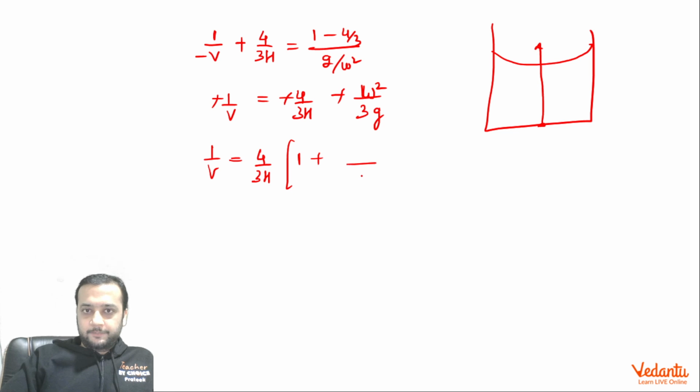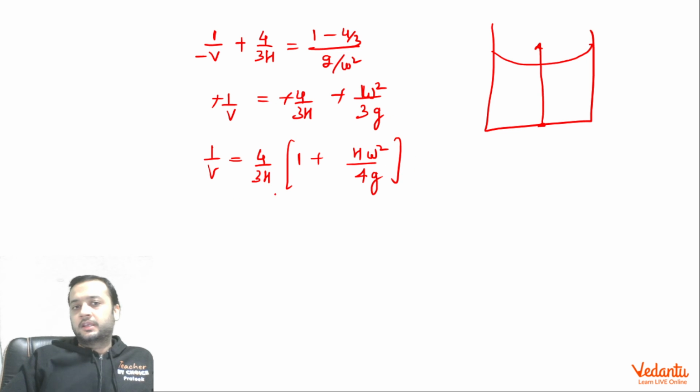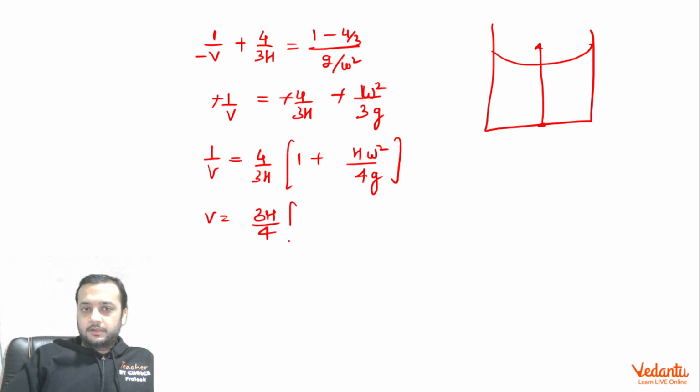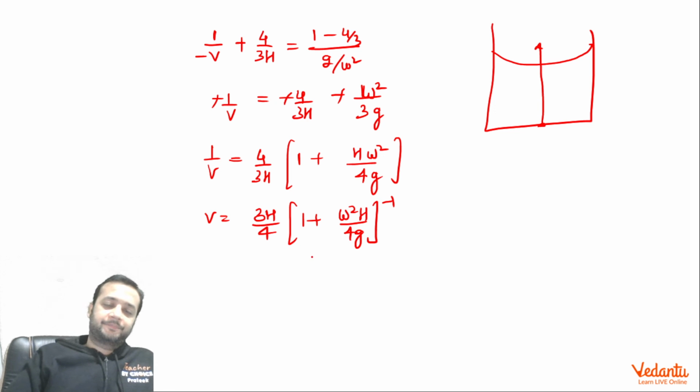So this will become h, this 4 omega square. 4 I have taken common, so this will become 4g, right? If you bring h here, h will cancel out, 4 will cancel out, omega square by 3g. Yes, that's right. So this becomes v is equal to 3h by 4 and 1 plus omega square h by 4g whole to the power minus 1.